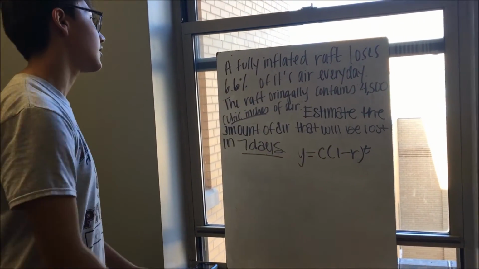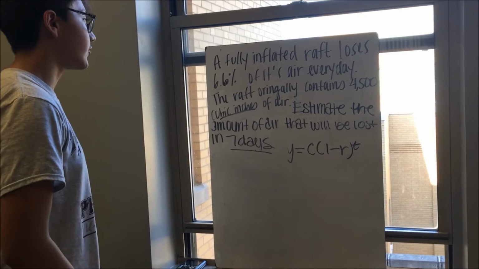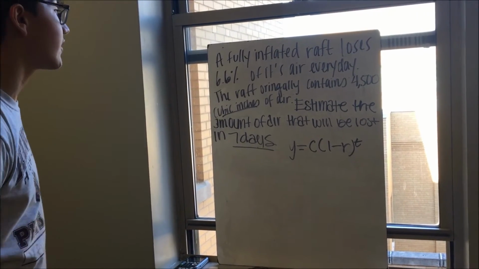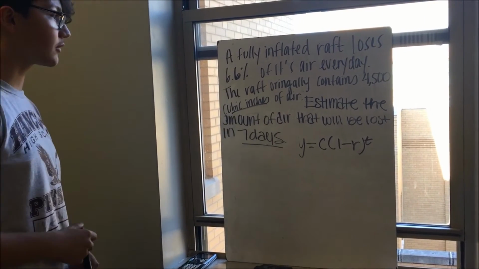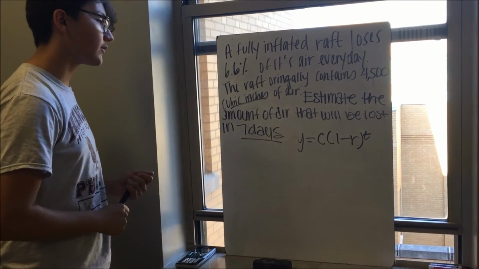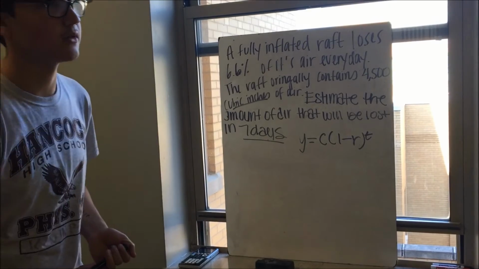A fully inflated raft loses 6.6% of its air every day. The raft originally contains 4,500 cubic inches of air. Estimate the amount of air that will be lost in 7 days.